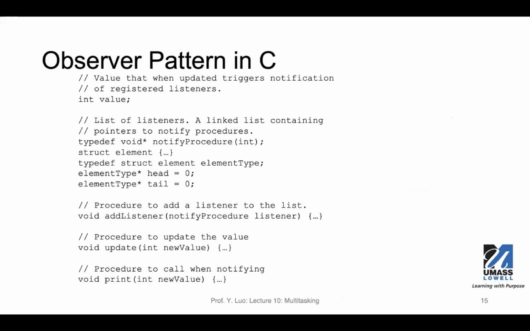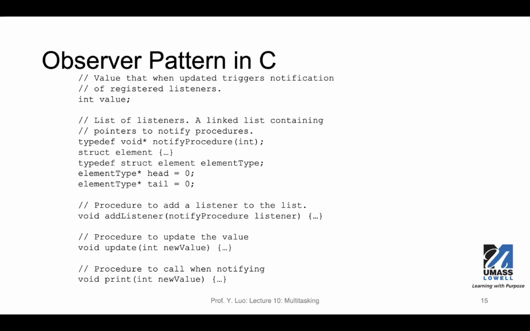Okay, if you implement this observer pattern in C code, what we'll expect is we'll have something like this. We will declare a value that is used to record the status and also trigger notification of registered listeners. And we'll look at what the listener functions are for this case.